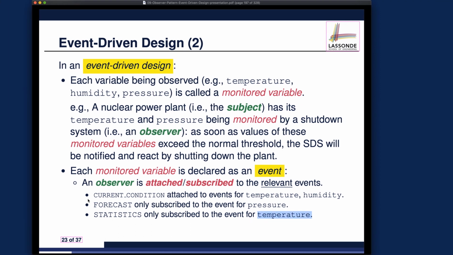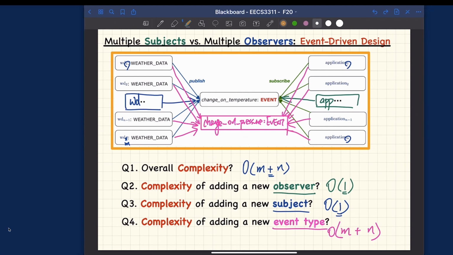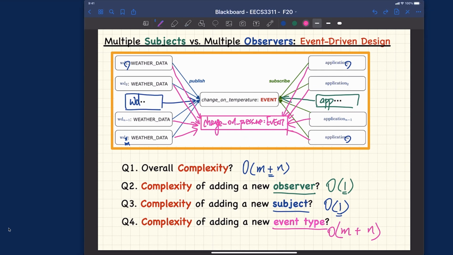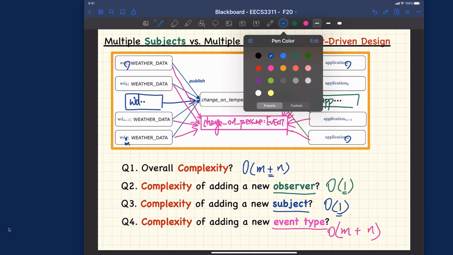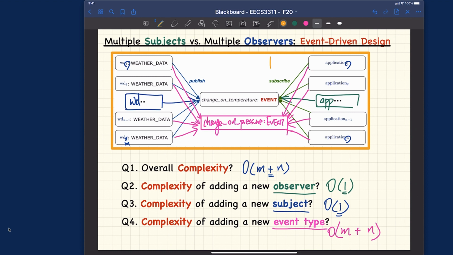Let me just show you, let's say for statistics. If I go back to this diagram over here, think about if I want to add maybe one more, let's say a statistics app. Let me just use orange over here. Let's say I have a new app over here. Let me just call that statistics. And then in that case, it's going to get subscribed to this particular event, right?